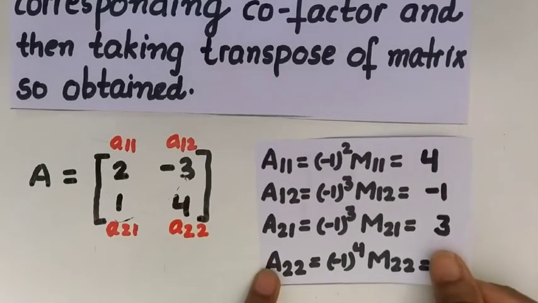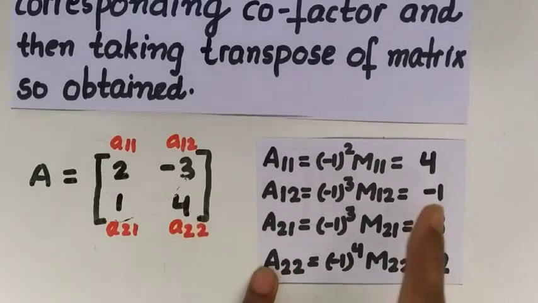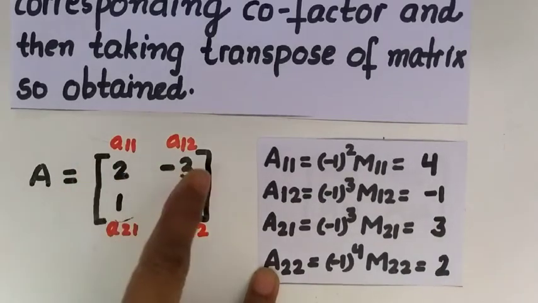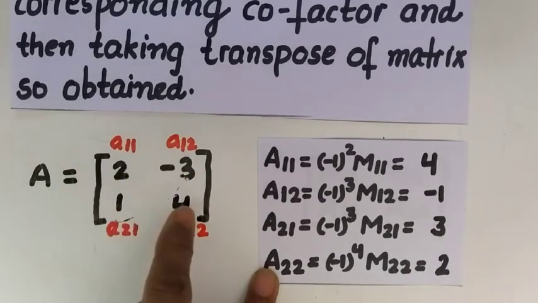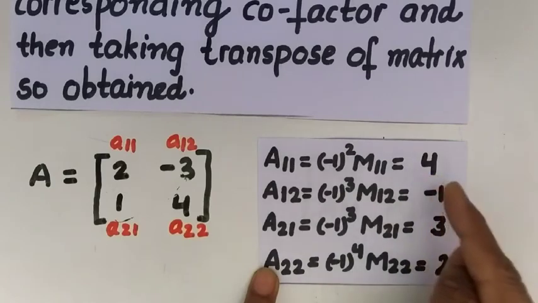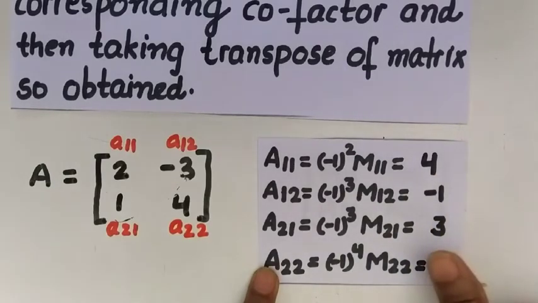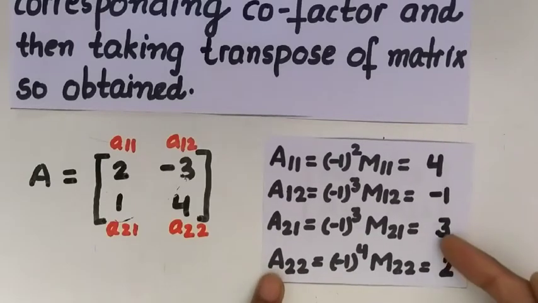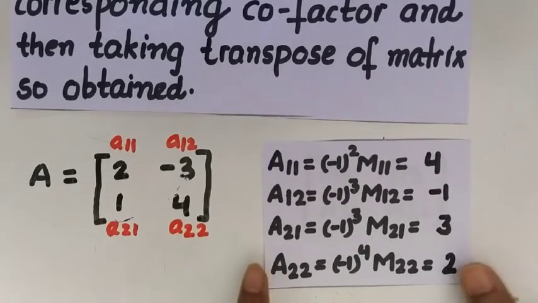Okay, it's very simple. Here cofactor of a11 is 4. You know, firstly the minor will be 4, and then by using this formula the cofactor will be 4. Similarly, cofactor of a12 is minus 1, cofactor of a21 is 3, cofactor of a22 is 2. So I have determined all cofactors.